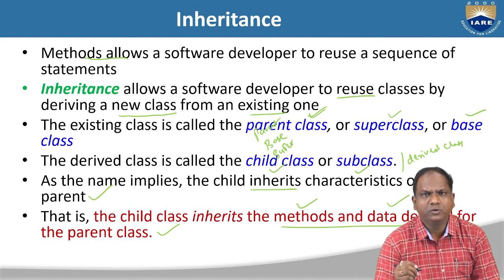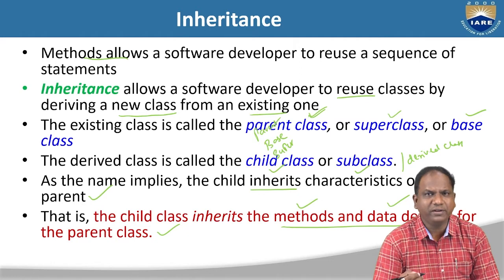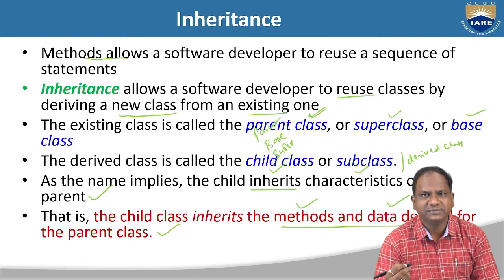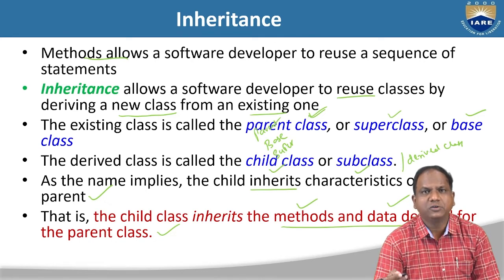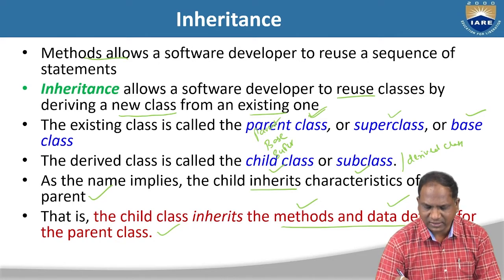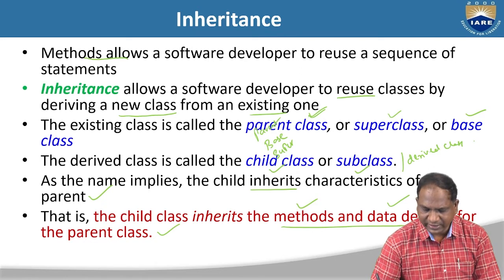Here two classes play a major role. When you are dealing with inheritance, you have to remember there are two classes. Whenever you create a new class from an existing class, the existing class is called the parent class, superclass, or base class, and the new class you created with the help of the existing class is called the child class, subclass, or derived class.